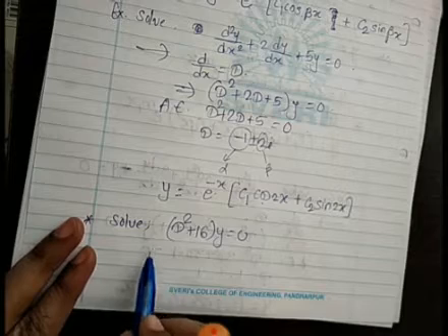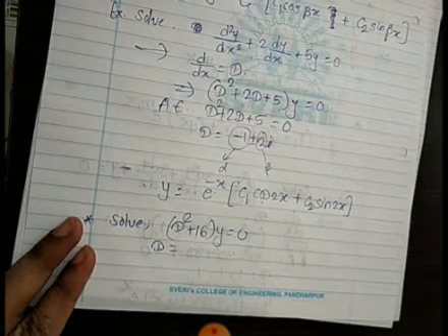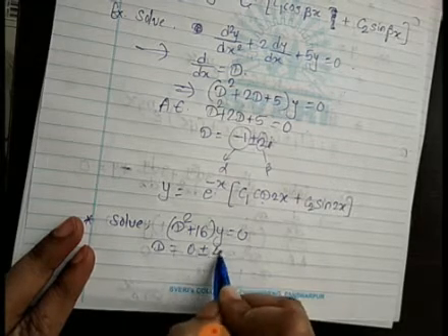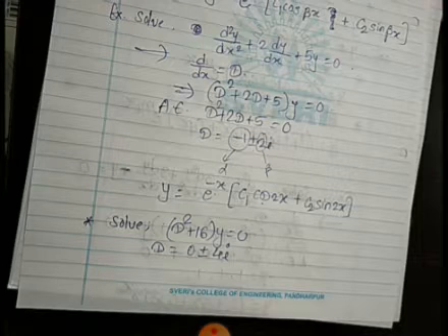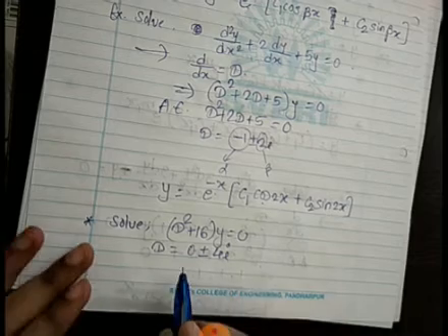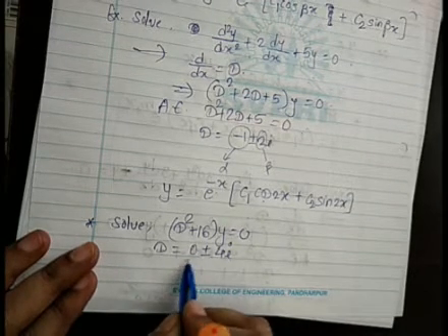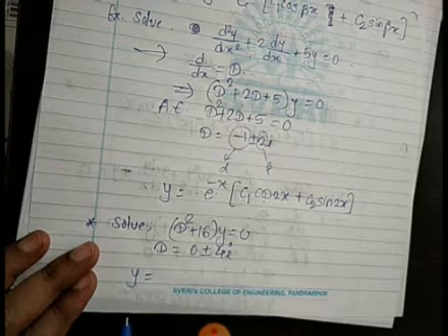First of all, tell me the roots. Roots are D equals 0 plus minus 4i. Everyone getting the same roots? Yes, plus minus 4i. So if we compare, alpha is 0 and beta is 4. That's what we'll write the answer as.